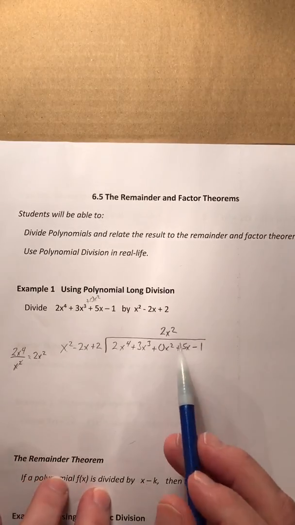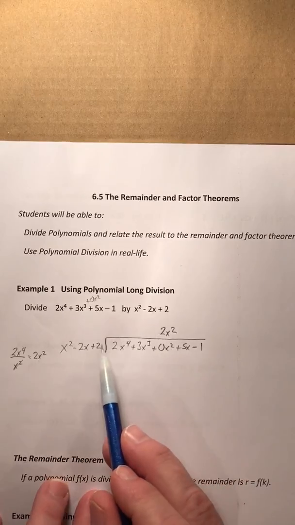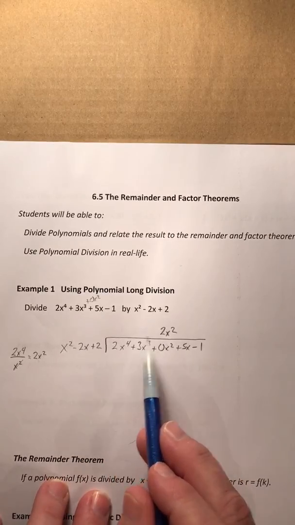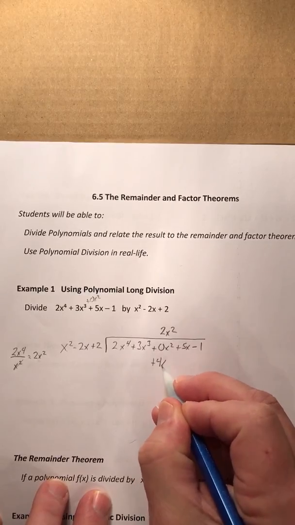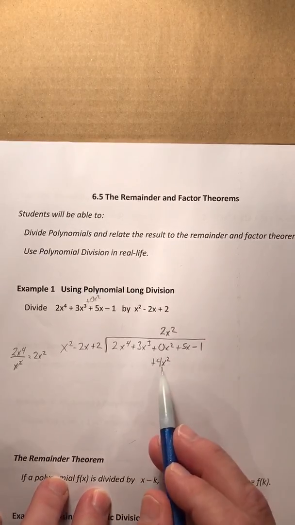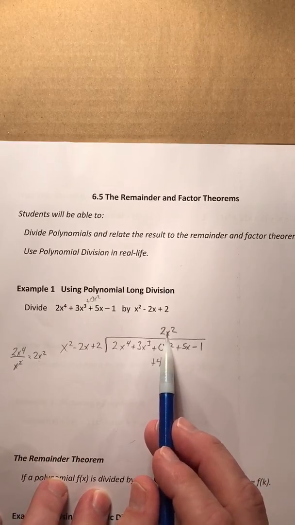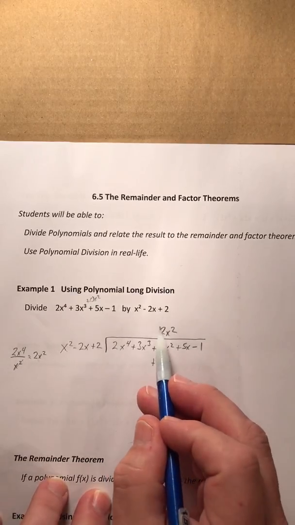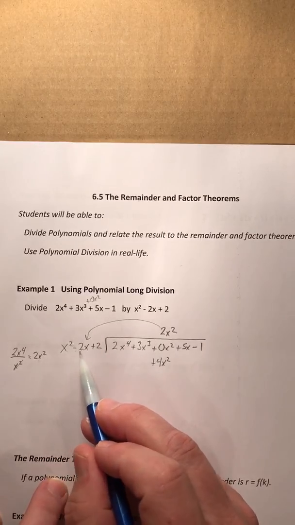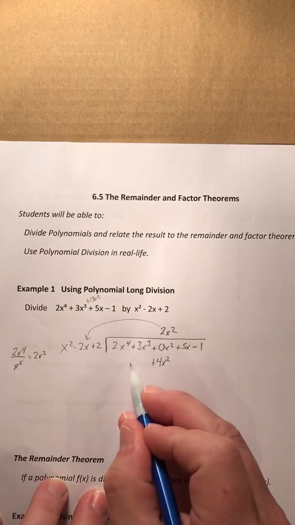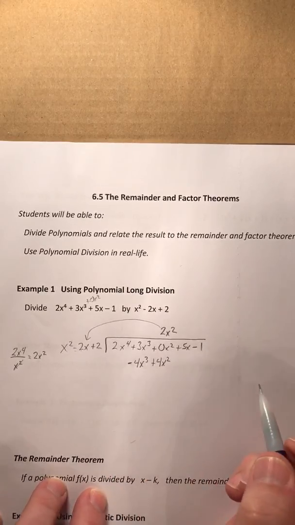Now we have to multiply. We multiply this term up top by the last term here. So 2x squared times positive 2 gives us a positive 4x squared. Notice it goes right in our x squared column. Then we take the 2x squared and multiply it by the second term: 2x squared times negative 2x gives us a negative 4x cubed.